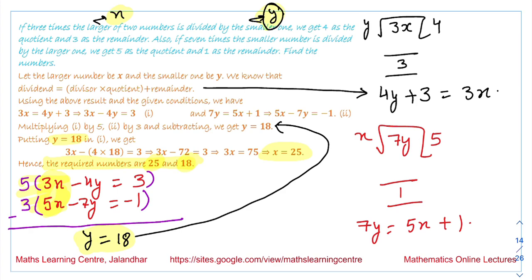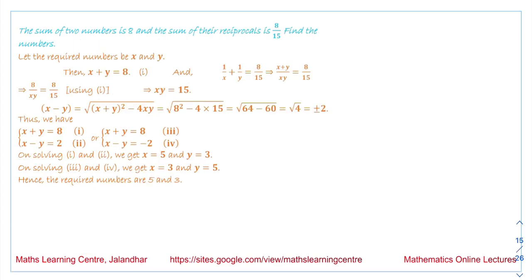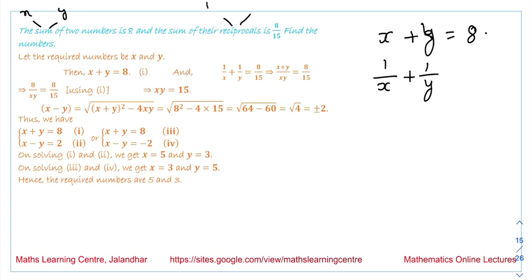Next is: the sum of two numbers is 8. Suppose the two numbers are x and y, so their sum is given to be 8, and the sum of their reciprocals is given to be 8 by 15. The reciprocals of the two numbers x and y are 1 by x and 1 by y, so their sum is 1 by x plus 1 by y.